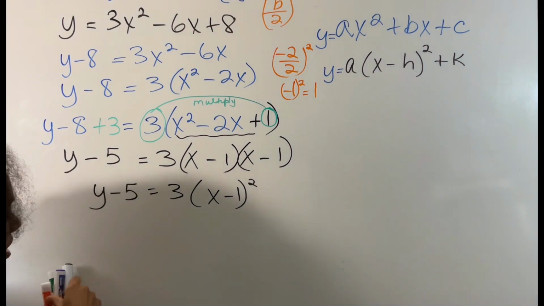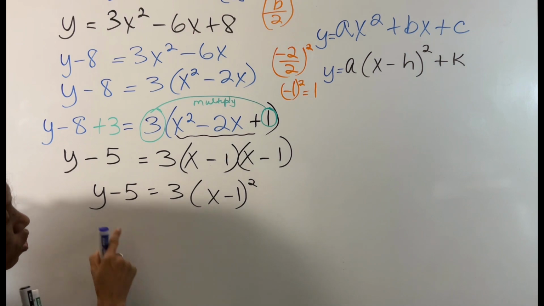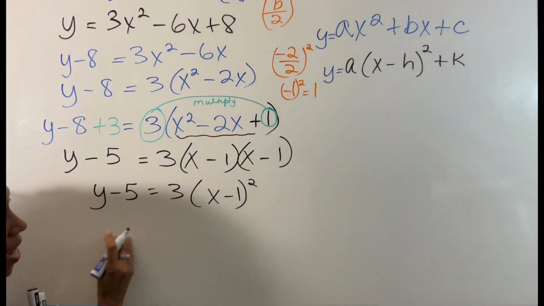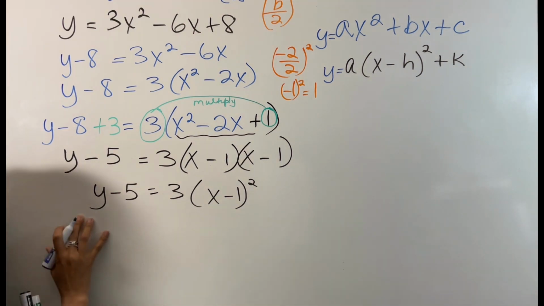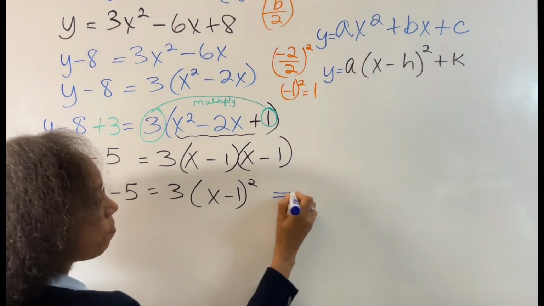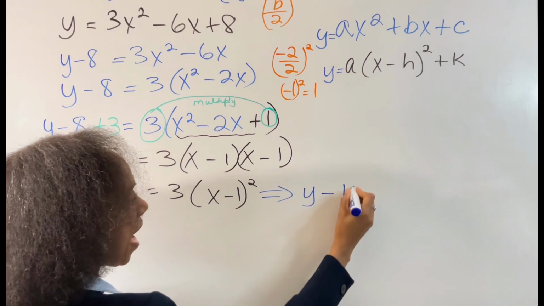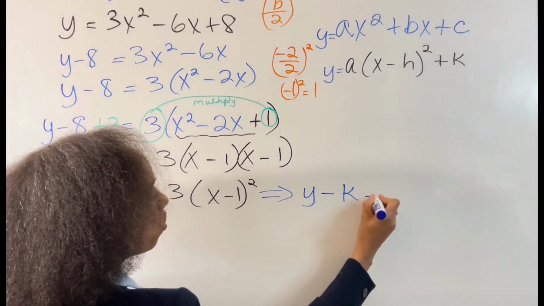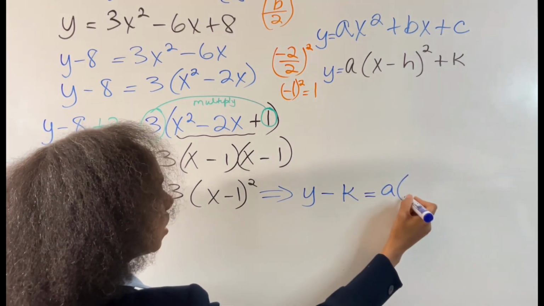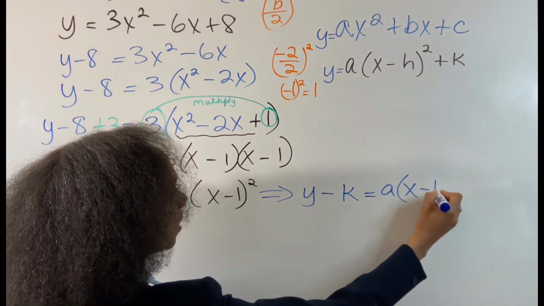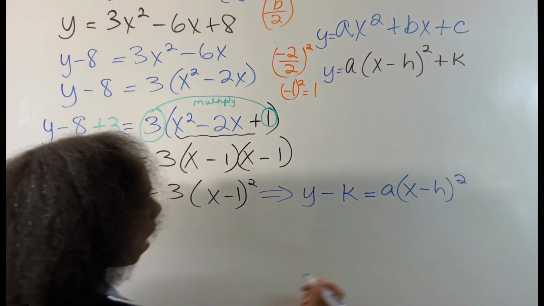The next step that I need to do now is that I need to bring this 5 over to the other side. Some books you may see them leave it as this, which would be in the form y minus your k value here, and so you have equal a parentheses x minus h raised to the second power.